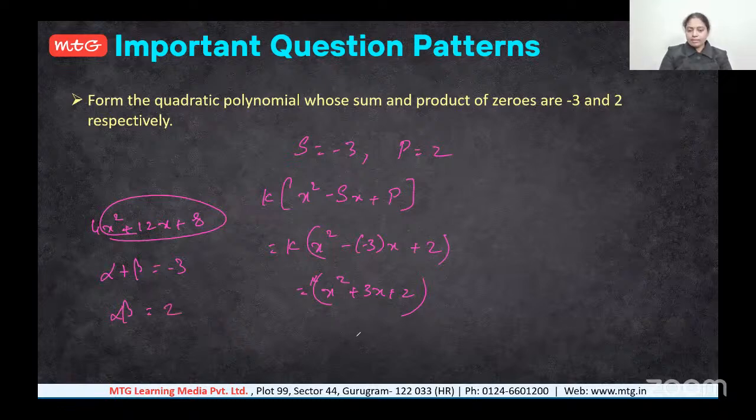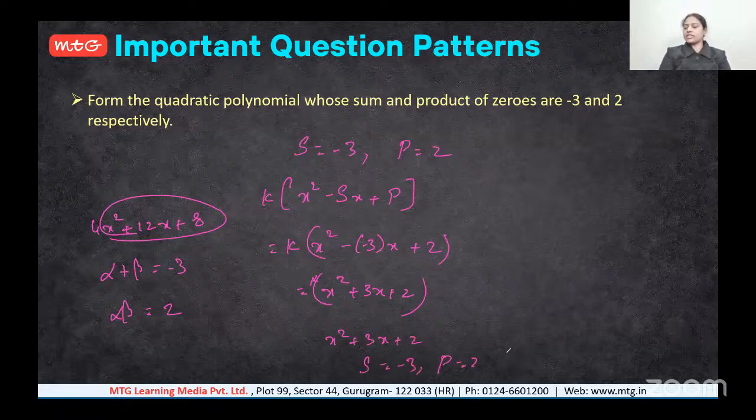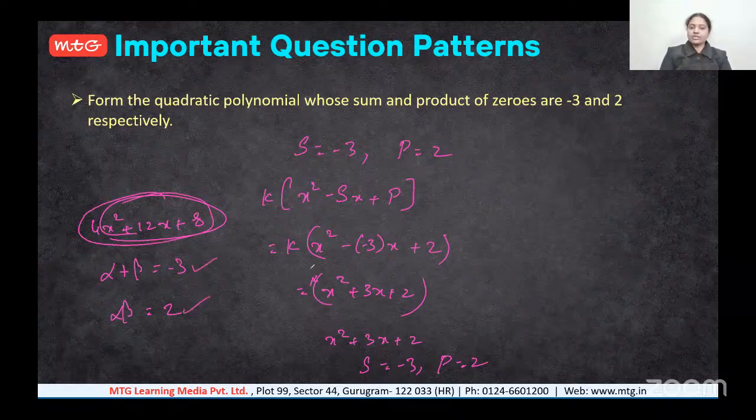For x square plus 3x plus 2 also, I am getting the sum value as minus 3 and product of zeros as 2. Here, if the polynomial is 4x square plus 12x plus 8, still I am getting the same sum and product of zeros. That is why this arbitrary constant says that if every term of the polynomial is multiplied by a constant value, it doesn't affect the sum and product of zeros. For that reason, we put that k.